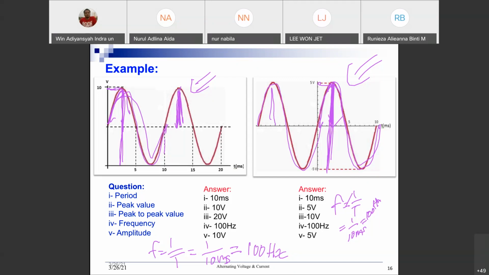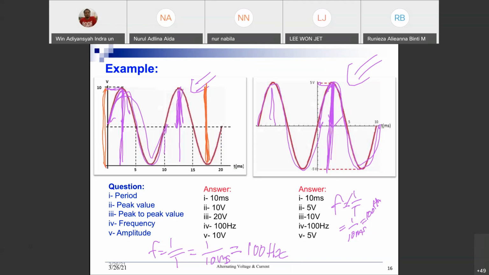Okay, peak to peak here. Peak to peak, this one is 10. Yes, this is wrong then, good. Okay, good. Peak to peak is 10, right?